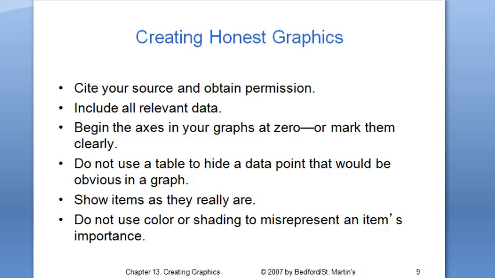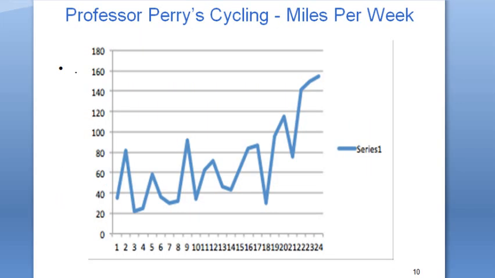Don't overuse color. And let me show you an example, because you're probably saying, well, who would lie with graphics? So let me show you how I can lie to you with graphics. Here are some workout weeks that I ran, a 24-week period, for bicycling as I started training for my race around Lake Tahoe.